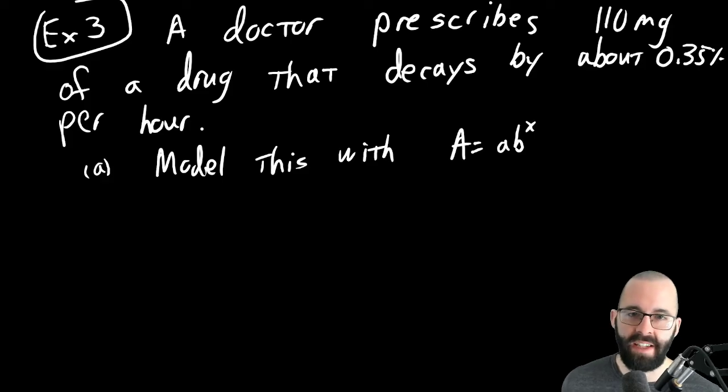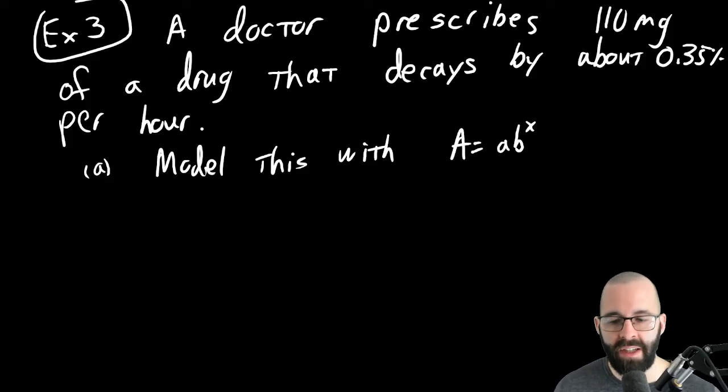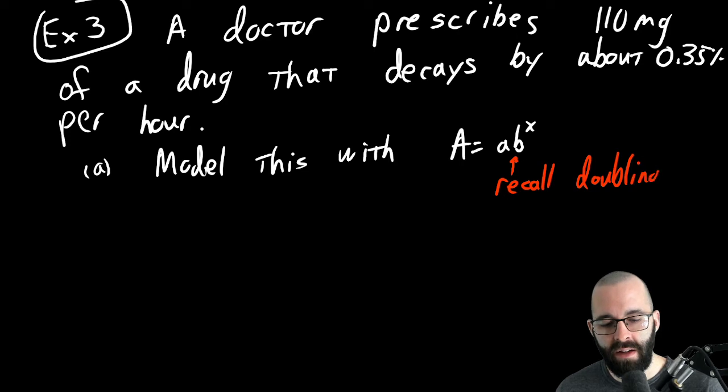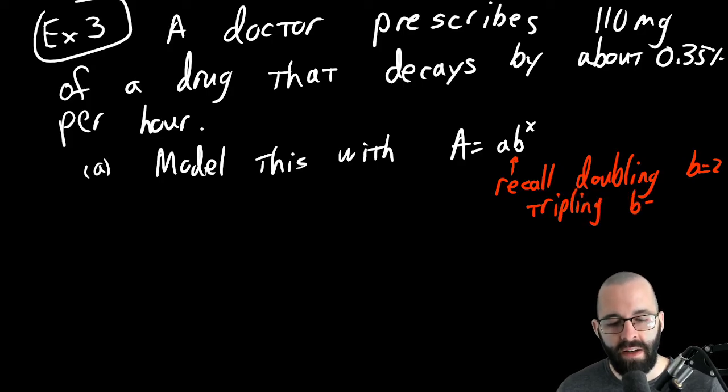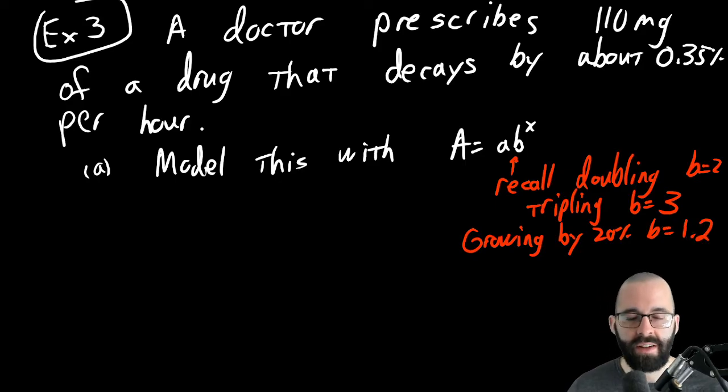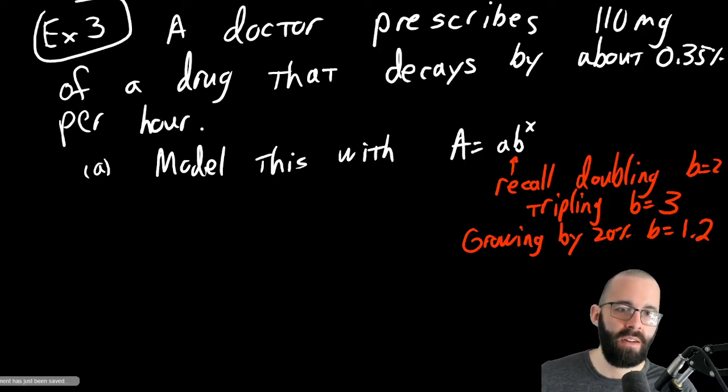The base doesn't always have to equal e. Remember, b was that growth or decay factor, so if we were doubling, b would equal 2. We were tripling, B would equal 3. If we were growing by 20%, B would equal 1.2. We talked a lot about this in 6.1.